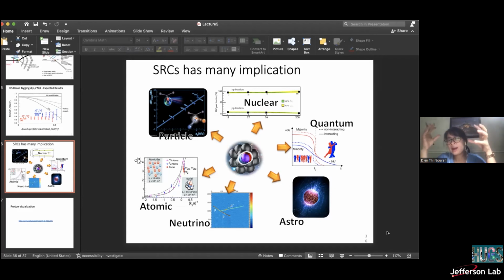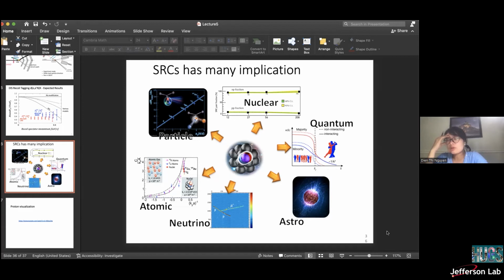So the equation of state depends on the momentum and energy distribution inside the neutron star. So before, if we don't include this SRC effect, in the neutron star they think about it like 95% is neutron and only 5% is proton.